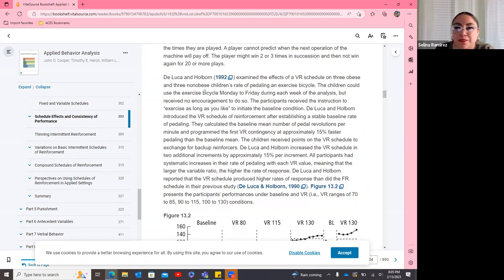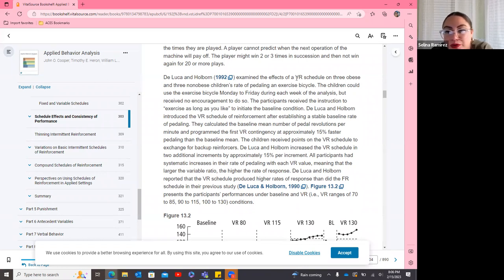Okay, so let's see. They examined the effects of a VR schedule on 3 obese and 3 non-obese children's rate of pedaling an exercise bicycle. The children could use the exercise bicycle Monday to Friday during each week of the analysis, but received no encouragement to do so. The participants received the instruction to exercise as long as you like to initiate the baseline condition.